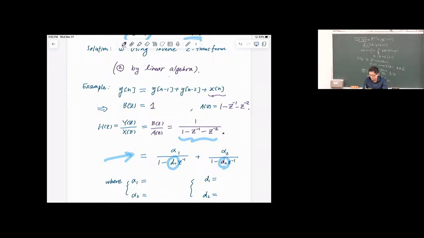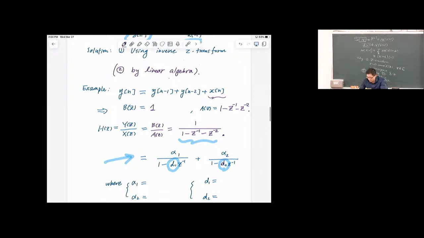I should tell you an intermediate step: a of z can always be factorized as the product 1 minus d1 z inverse times 1 minus d2 z inverse.